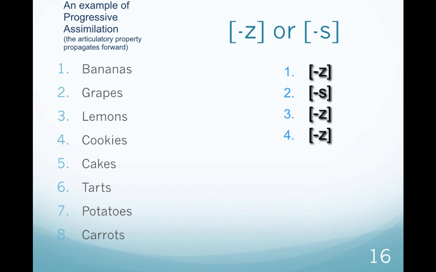Think about the last sound in cake, is k. Voiceless or voiced? Yes, it's voiceless. So therefore, it propagates its voicelessness to the plural. Tarts, voiceless. Potato, o propagates to s the voicing. And carrots.